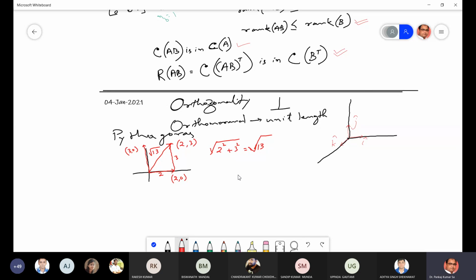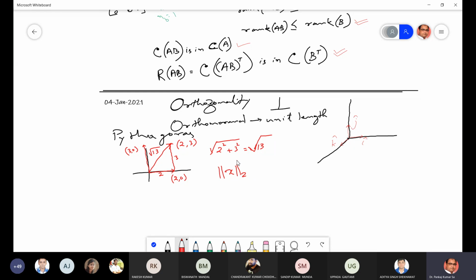Length is equal to the second norm. It is the norm symbol, and we give here 2. That is the second norm. If we do not give 2 also, by default it is called the second norm.